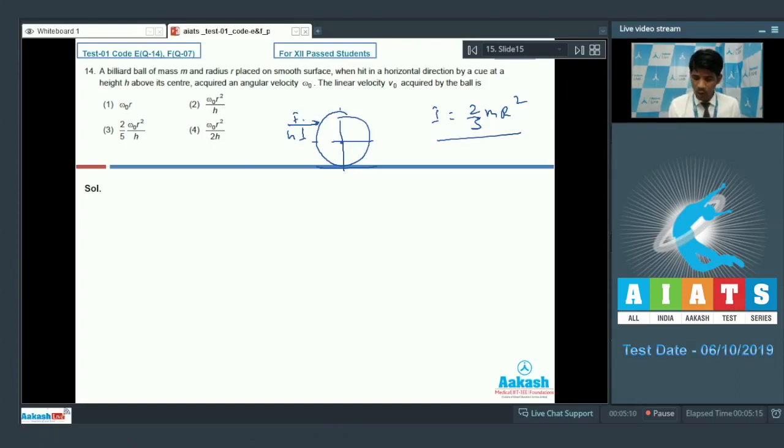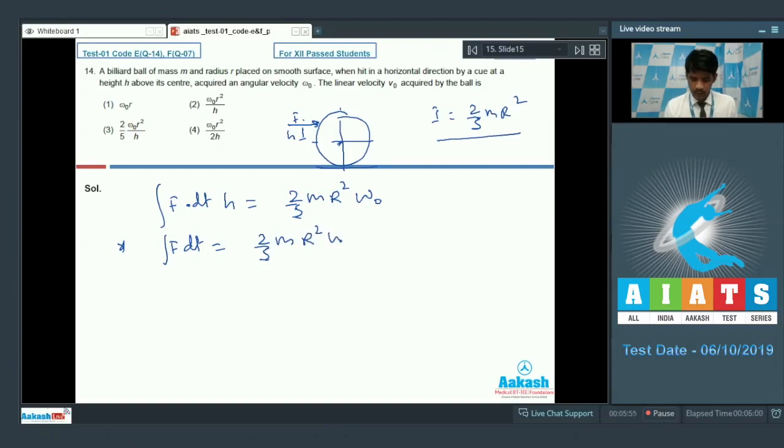So about this point the total angular impulse will be the integral of F dt into h, and because of this force it acquired the angular velocity omega naught. It must be equal to I omega. I is 2 by 5 mr^2 and the angular velocity was omega naught, so clearly the integral of F dt, which is the linear impulse, is 2 by 5 mr^2 omega naught divided by h.